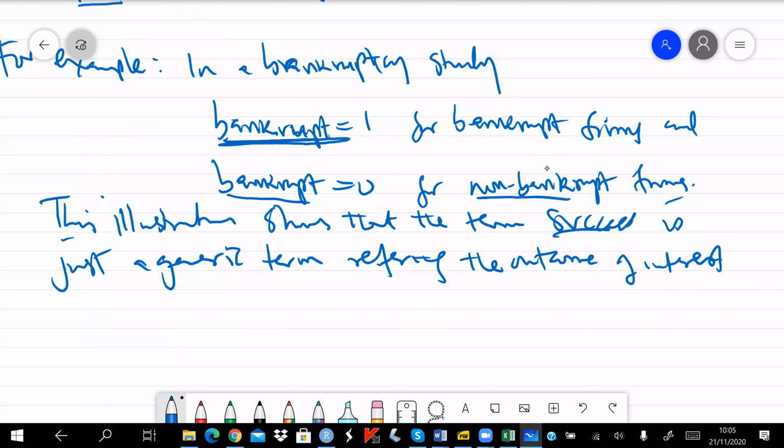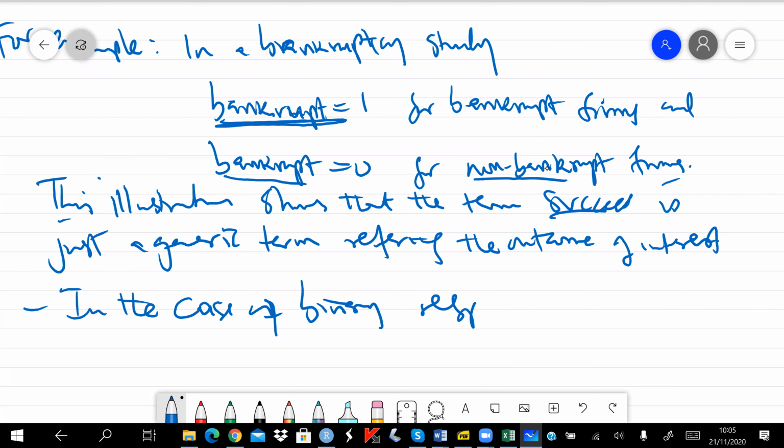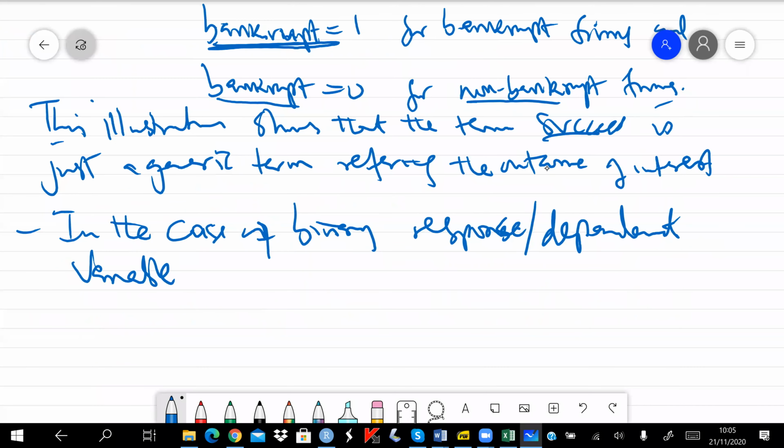Let me say that in the case of binary response, or what we call dependent variable, we model the probability of success.